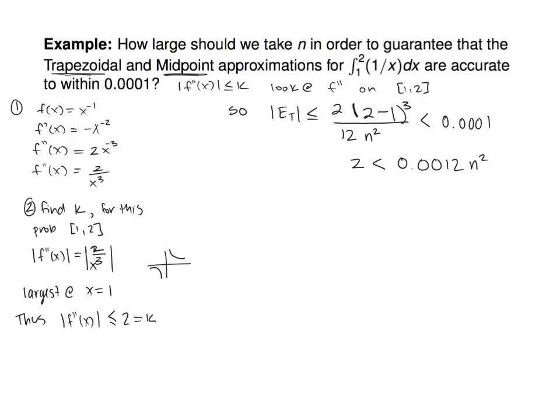Is that the same? Did I do it right? Yeah, okay. And then what would you do next? Divide by 0.0012. When you do that, you get 1666.7, probably 6 repeating, so we'll just say 7.